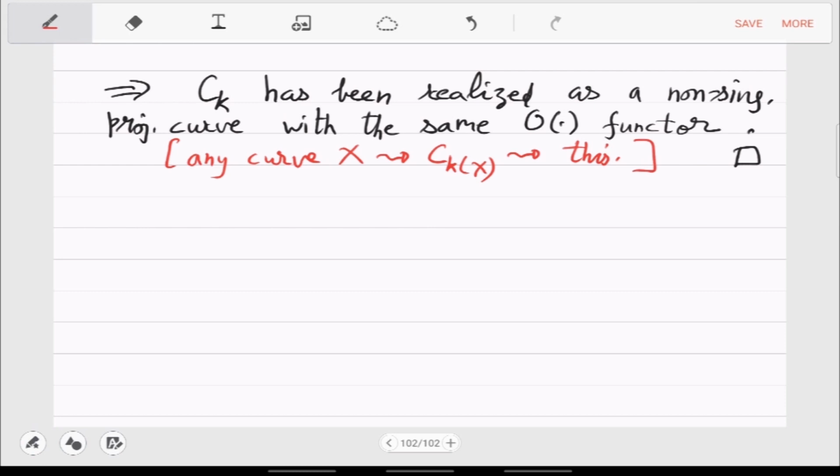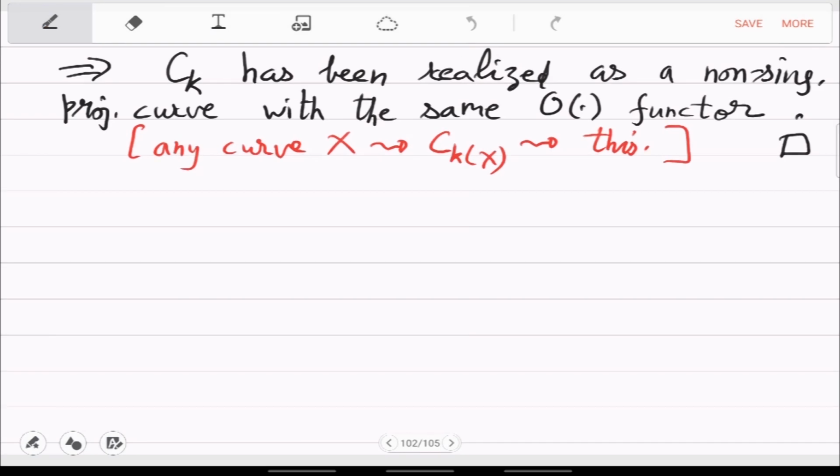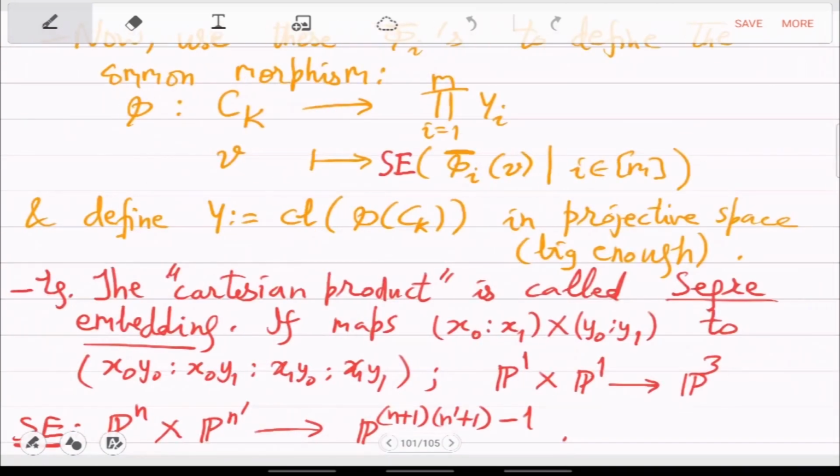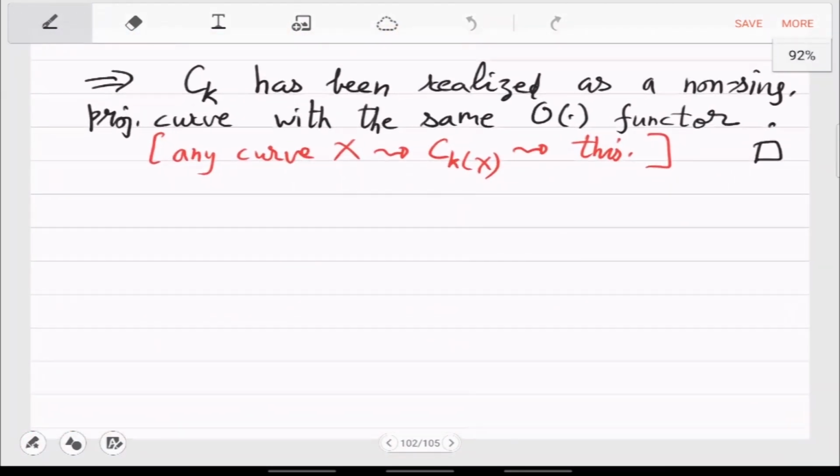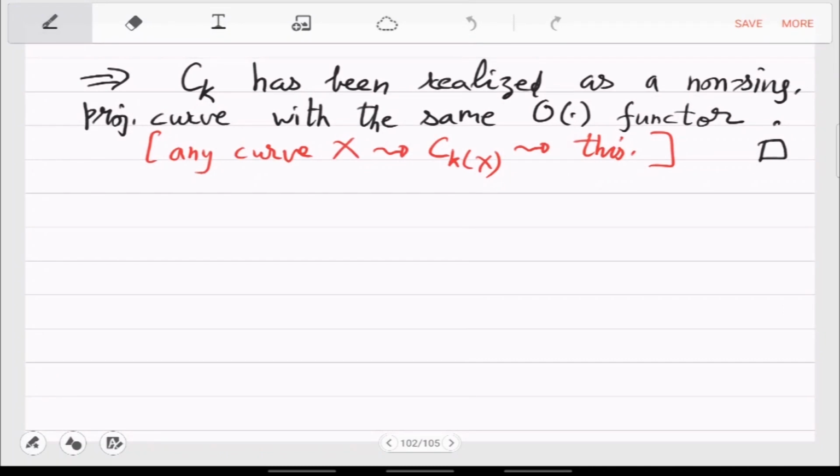Okay, so at this point we can again take stock of the situation in terms of what is the dictionary that we have built between algebra and geometry. So the geometric space, affine space or projective space in fact, versus the function fields.